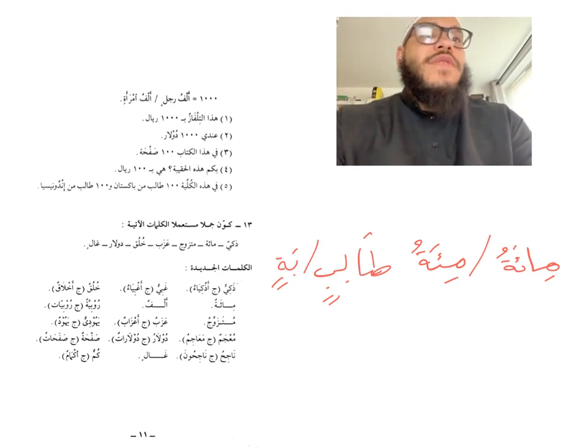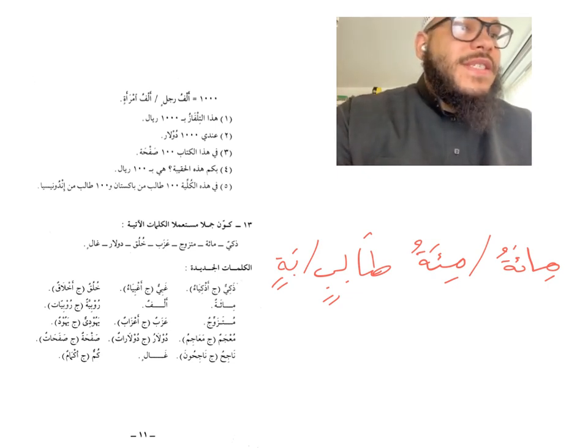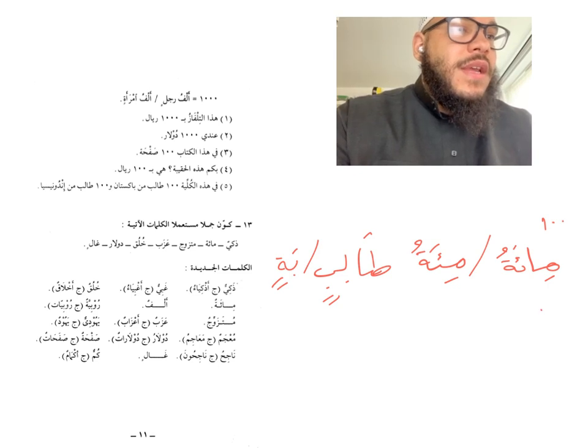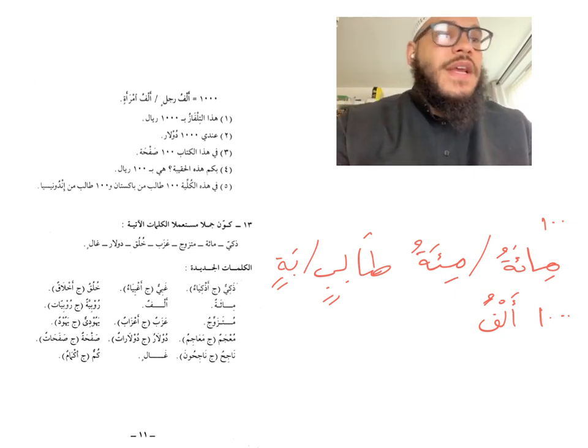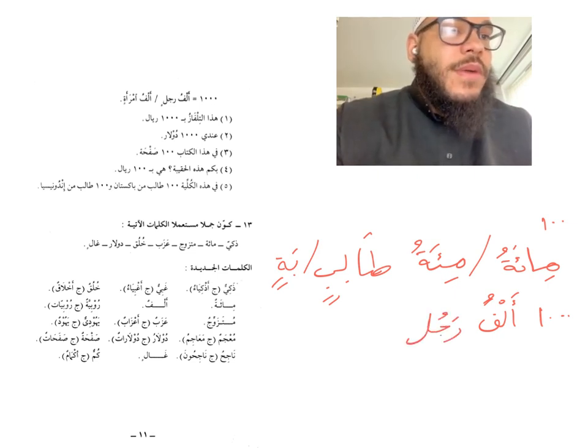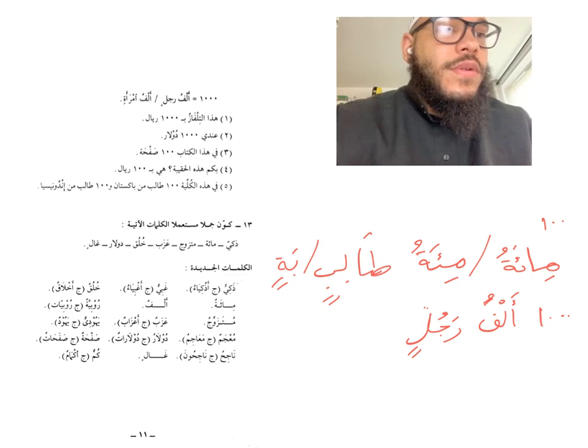Now the same occurs with alfu, and the sign for 100 is this, okay? Alf is this, alfu, exactly the same. It's going to be mudaf ilay, alfu rajulin, for example, or imra'atin, which means a woman.